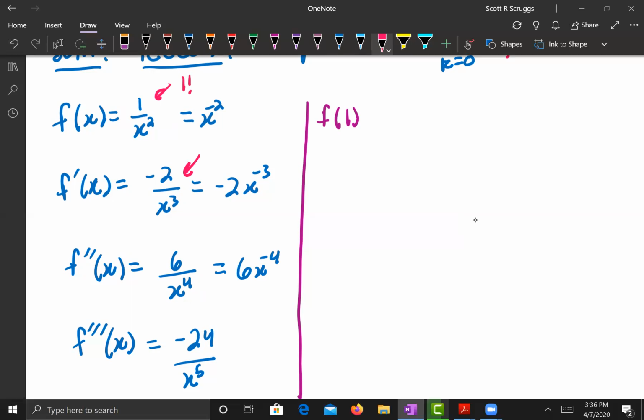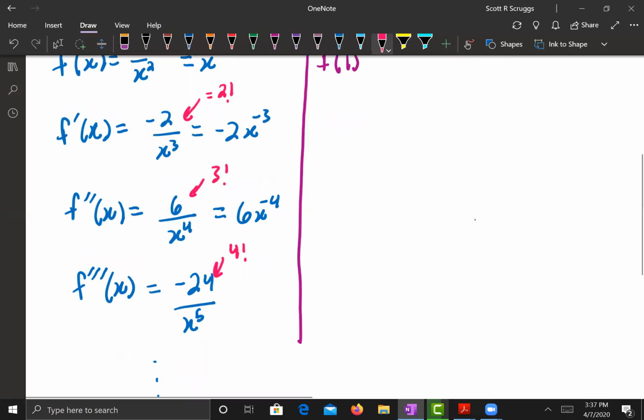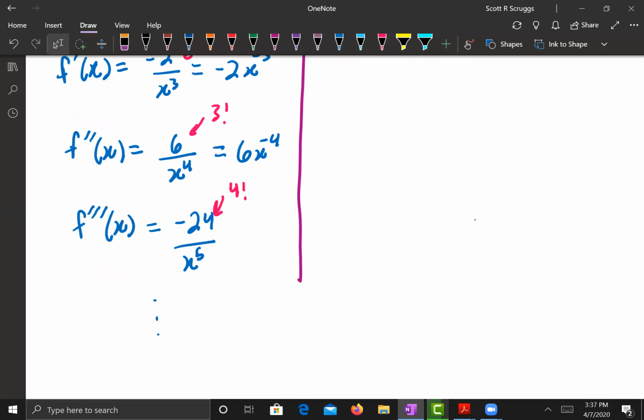Again, first derivative, I know I have a 2. Well, 2 factorial also equals itself. But in the second and third derivative, now I see the pattern because 6 is 3 factorial and 24 is 4 factorial.